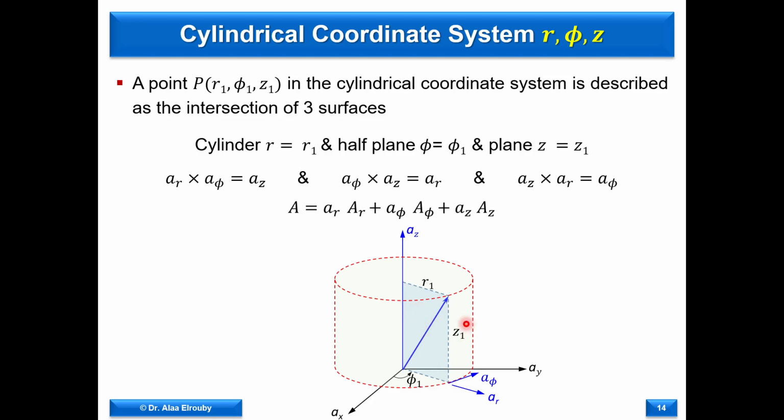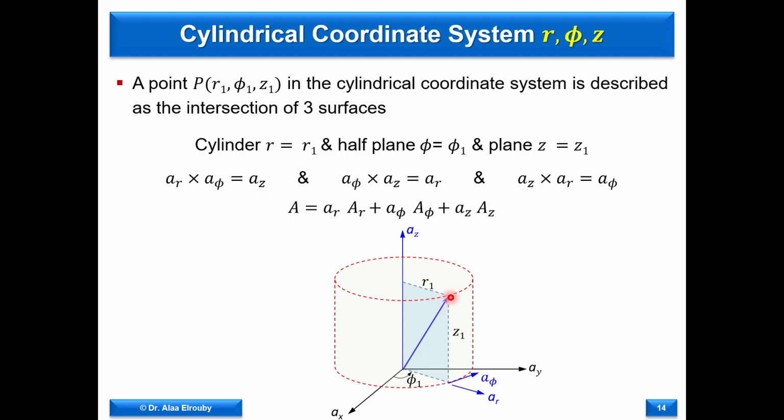The intersection between those two surfaces is this line. It's a surface, not a volume, so we just consider the surface of this cylinder. The intersection of the surface of the cylinder and this half plane is this line.